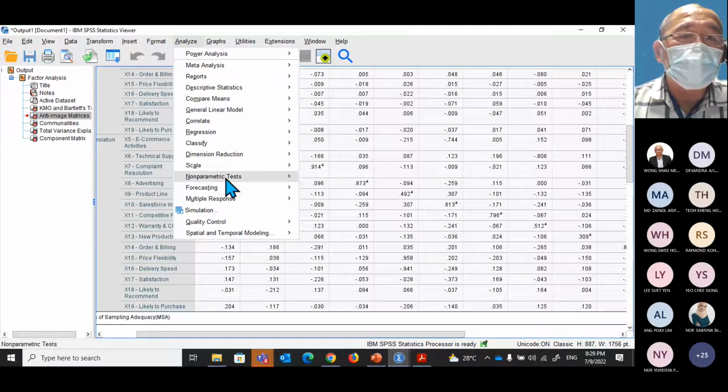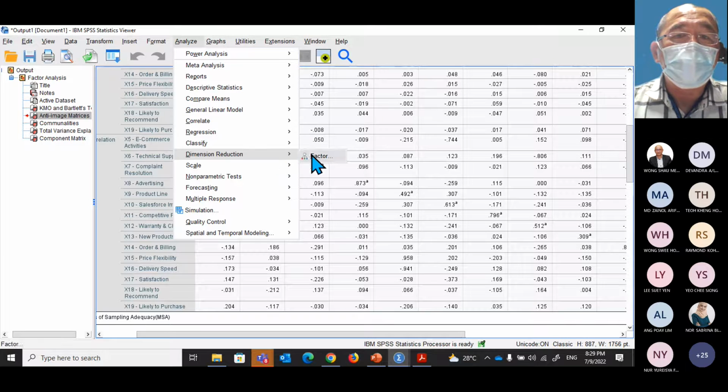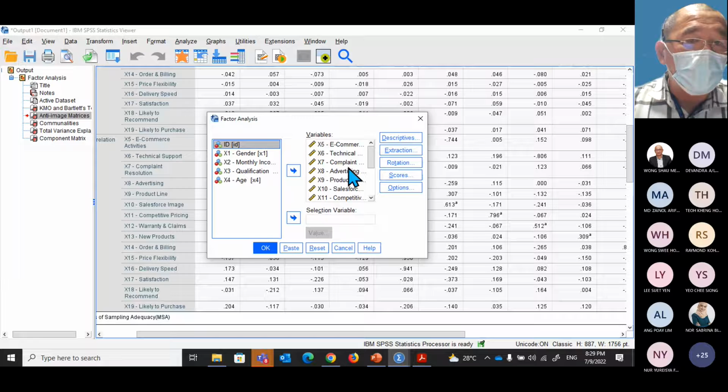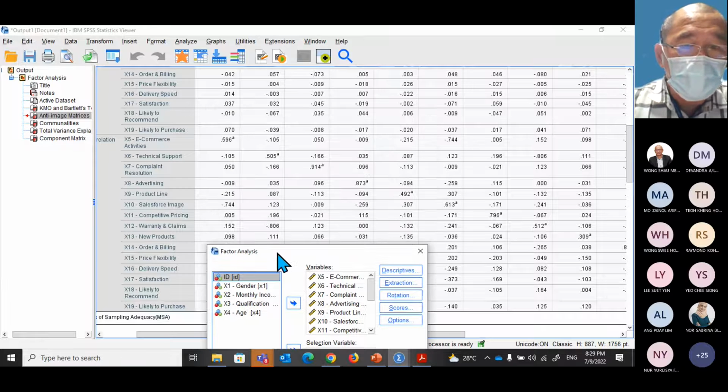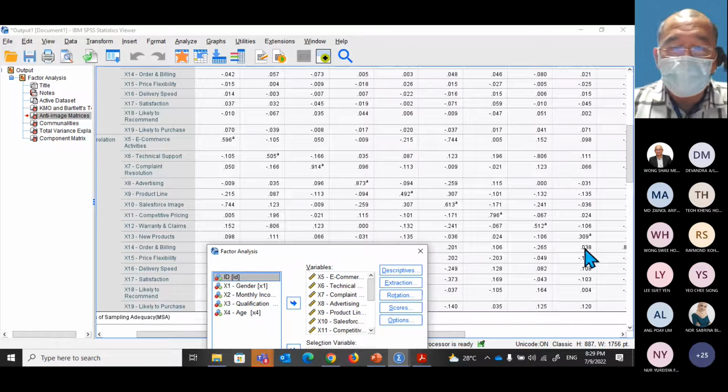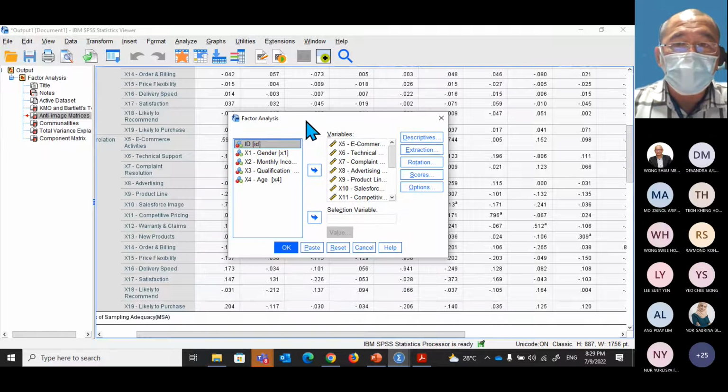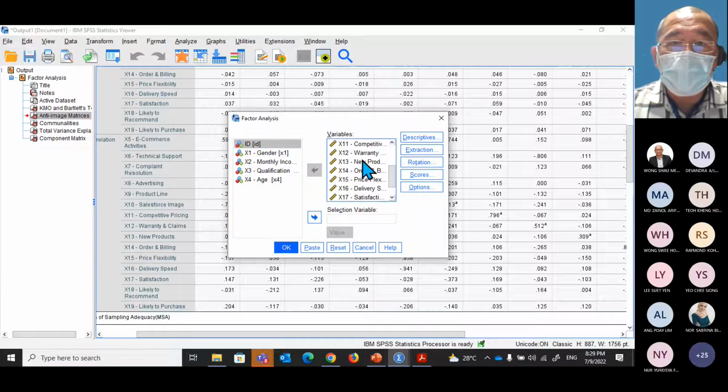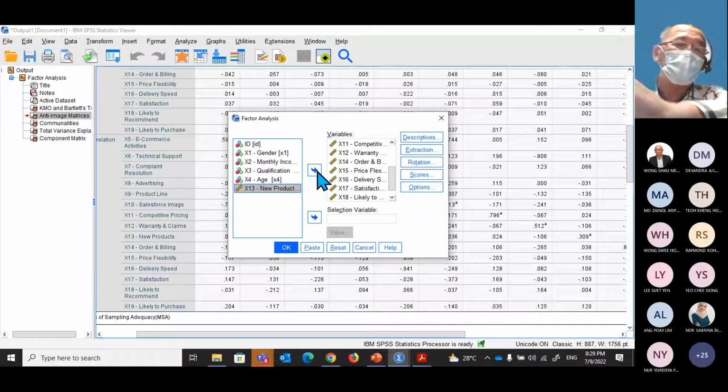So Analyze, Dimension Reduction, Factor, same procedure as just now. But now we drop new product, which is X13. So X13 moves back to the left column.